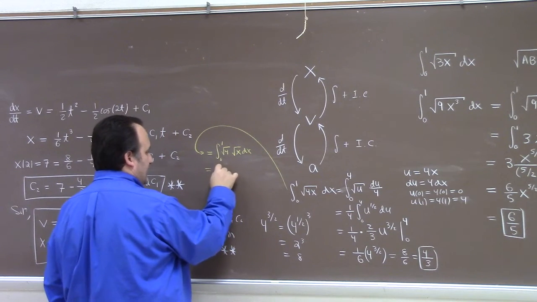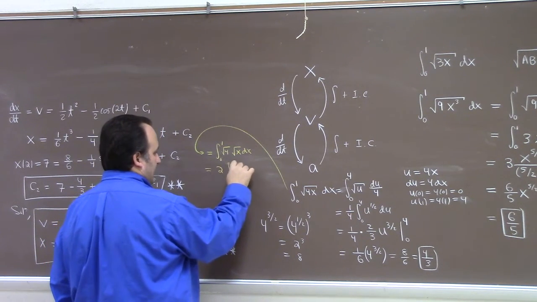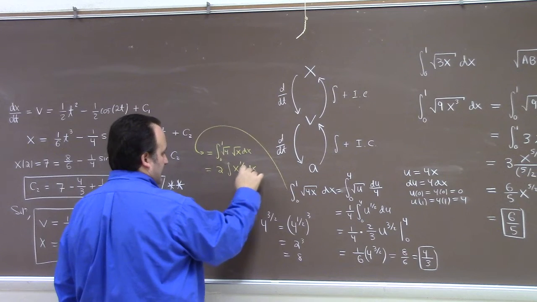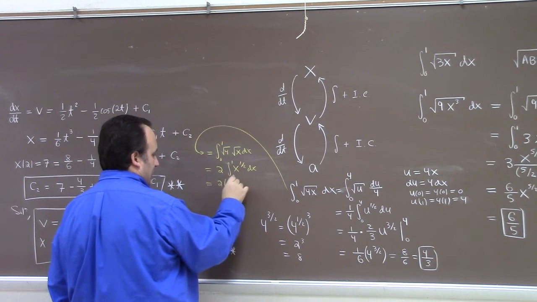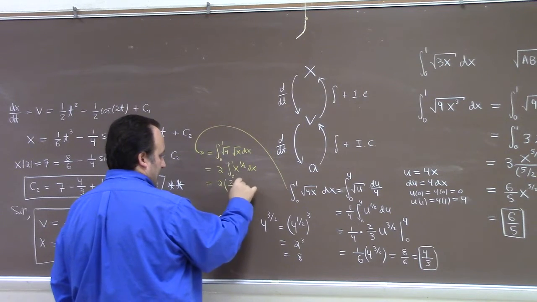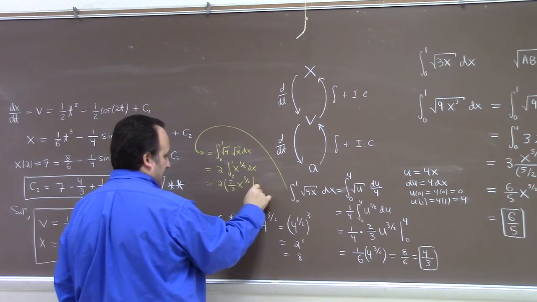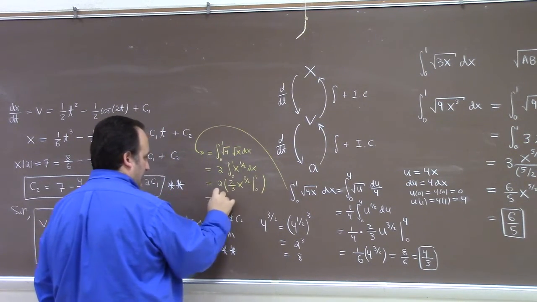Which would just be 2 integral of x to the 1/2 dx, right? Which is 2 times 2/3 x to the 3/2 evaluated from 0 to 1, which is 4/3.